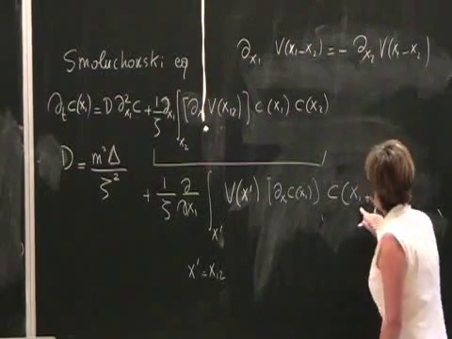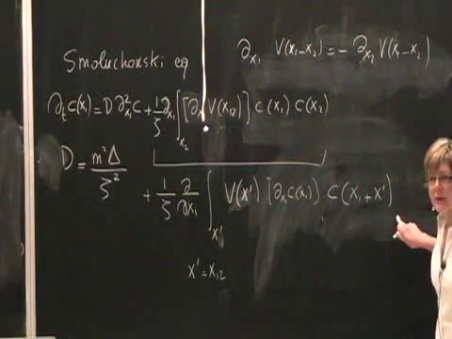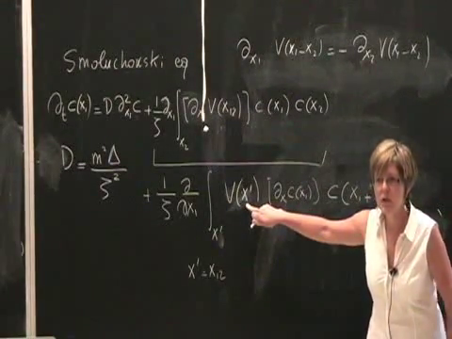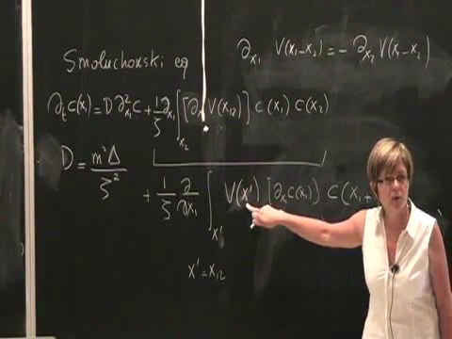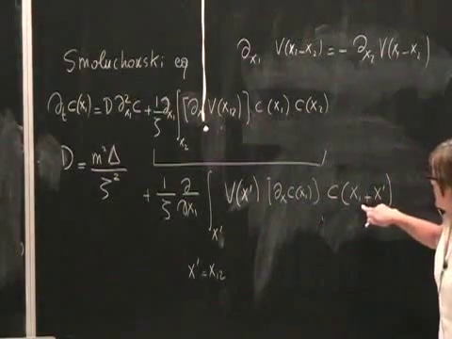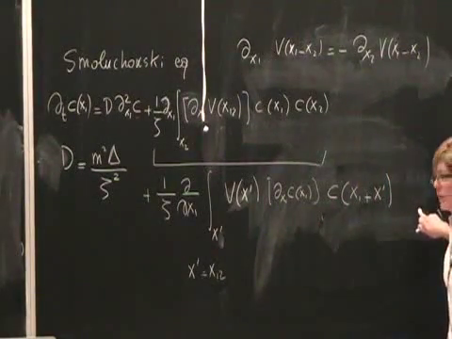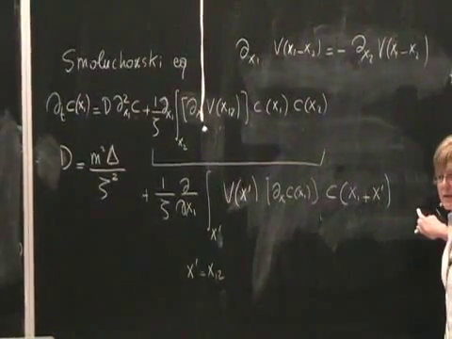And now I expand this in the gradient. I assume that x prime is controlled by the range of the potential, and I'm interested in length scales large compared to that. And so I expand this. The first term is c of x1. The second contains a derivative of c of x1, and so on.